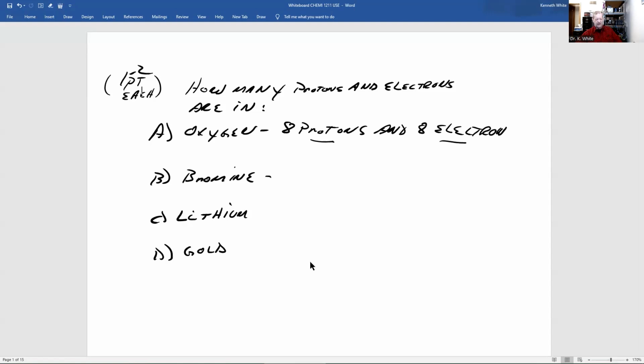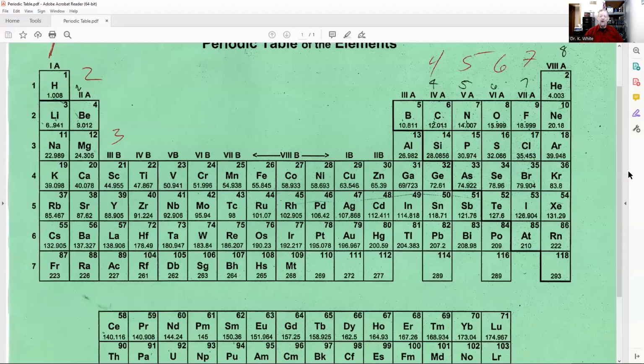Let's look at bromine, chemical symbol Br. And we need to go to our friendly neighborhood periodic table. And bromine is a halogen, Br, right over here, the halogens, and it's got an atomic number of 35. Remember, the number in the upper right-hand corner is the atomic number. And the atomic number equals the number of protons by definition.